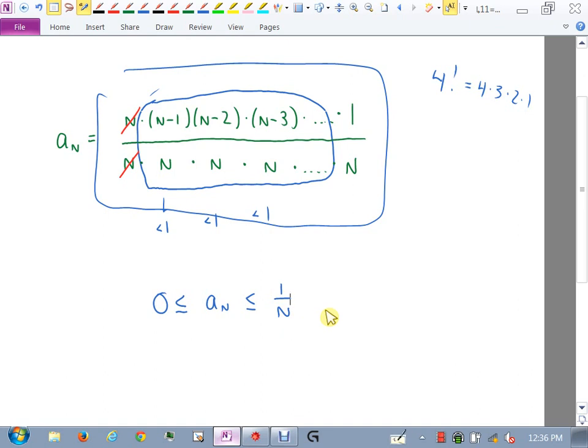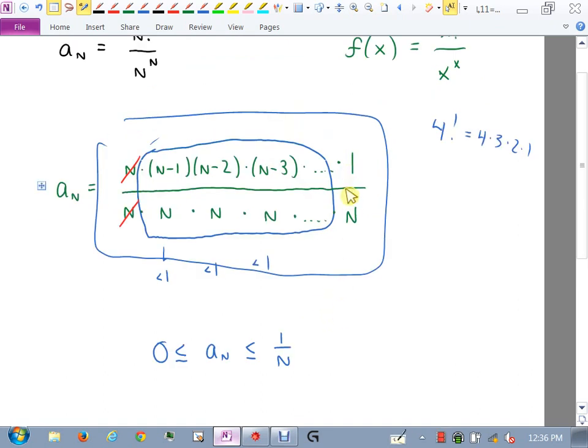Why is it less than 1 over n? Well, 1 over n I didn't circle here, right? On purpose. If each one of these numbers is smaller than 1, then when you multiply them together, they're smaller than 1, right? So this number right here, all of them together, is less than 1 times this. So a sub n should be less than 1 times 1 over n. Did I lose you?